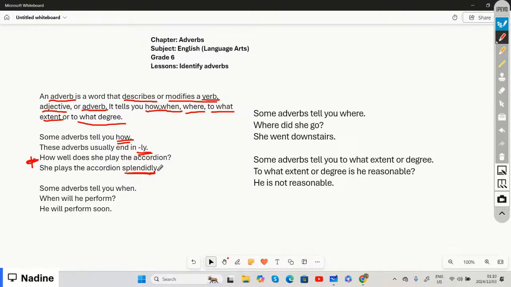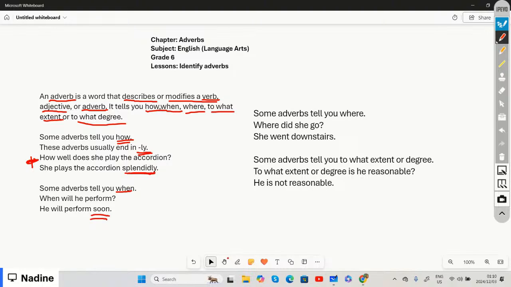The next one, some of our adverbs, they also tell us when. Some of our adverbs tell us when something is being done. And it says, when will he perform? So when will he perform? And we can then say that he will perform soon.